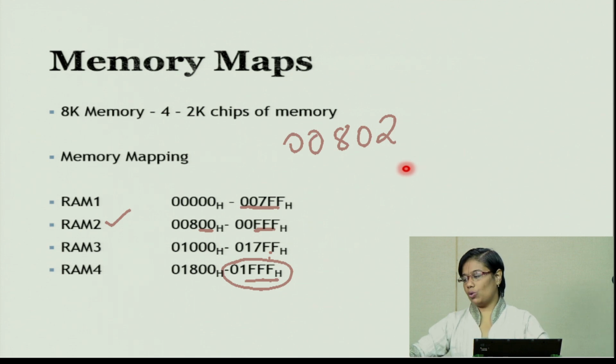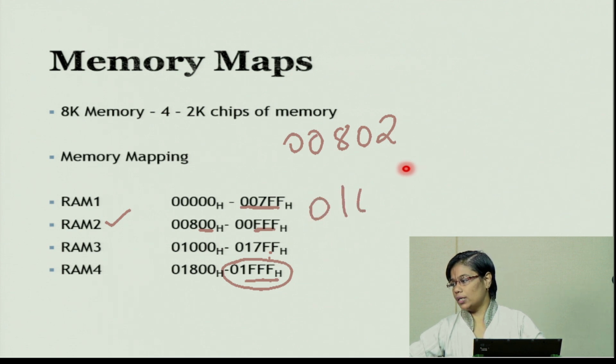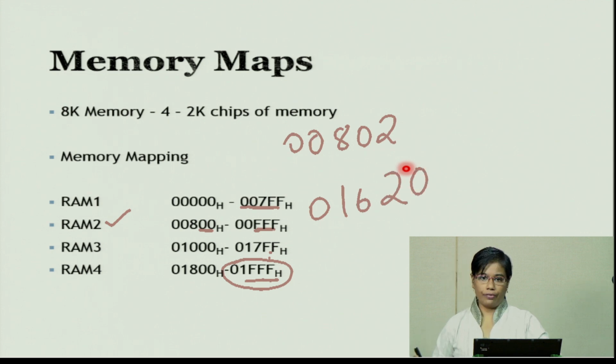For instance, if you access data from location, let's say, 01620, then in this case RAM3 must be selected, and you should read data from location 01620 in RAM3.